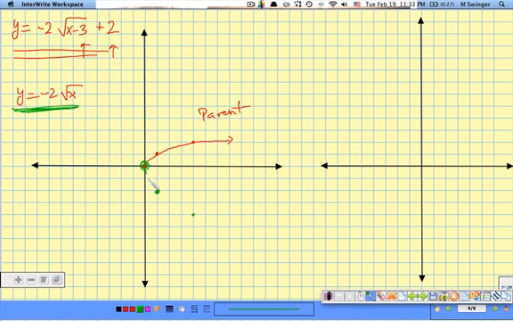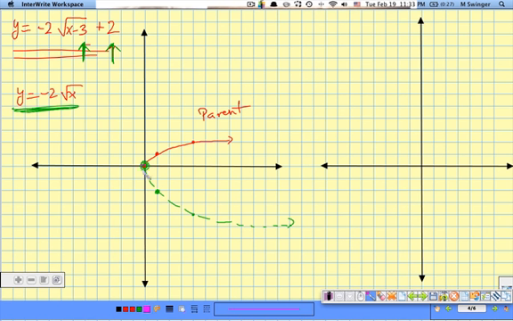So right now it's going to look something like this. But I still need to do this and this. I need to translate it 3 units to the right, 2 units up. So I'm going to do that in purple.